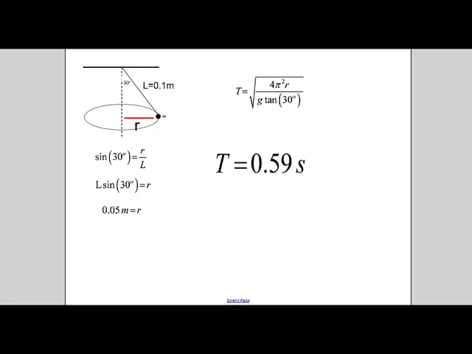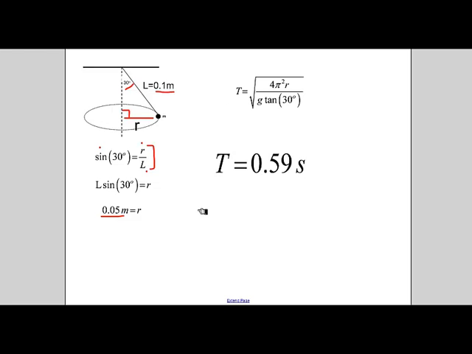We recognize the right triangle that the string makes with what we would call the radius, the distance between the center line and the mass. And we can set up a ratio. The opposite side divided by the hypotenuse has to equal the sine of this angle here. Rearranging to solve for r and then plugging in those values, you find that the radius must be 0.05 meters if the length of the string is 0.1.